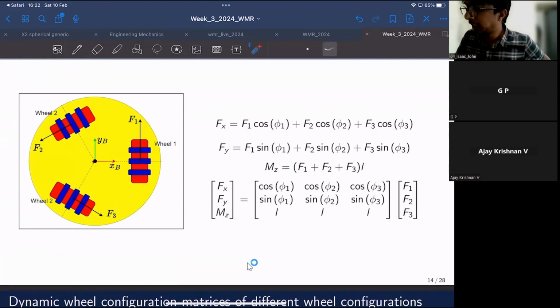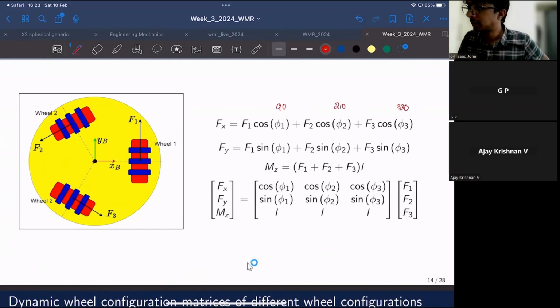And you can also easily see what these phi1, phi2, phi3 are. Phi1 is 90 degrees. Phi2 is 90 degrees plus 120 degrees, that is 210. And phi3 is 210 plus 120, that is 330 degrees. So phi1 is 90, phi2 is 210, phi3 is 330.